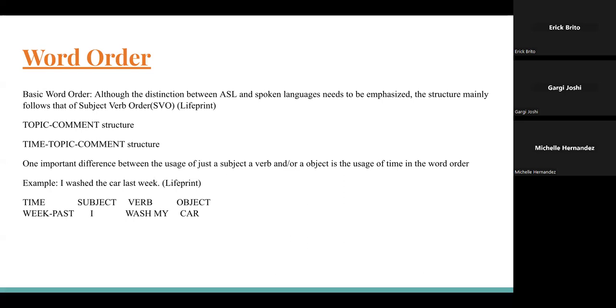An example that shows the time topic-comment structure is "I washed the car last week." When you translate that into ASL, you put the "last week" part in front as the time reference, followed by the subject I, the verb wash, and then the object car.